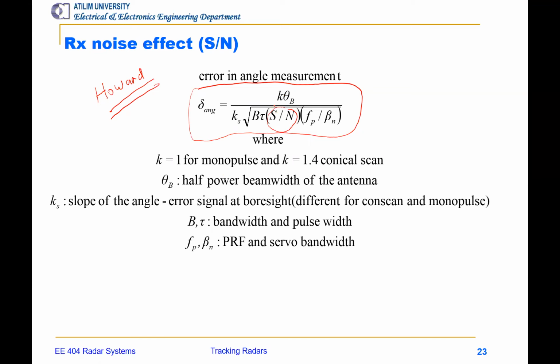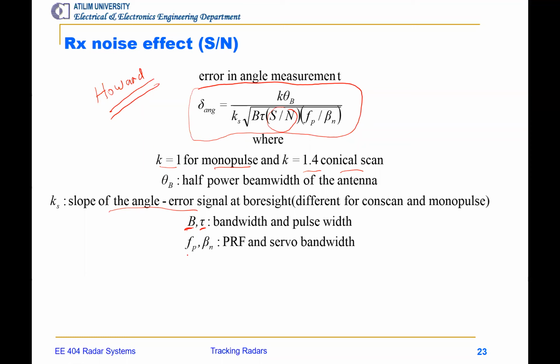For the parameters here, K is a constant. For monopulse, it's taken as 1. For conical scan, it's taken as 1.4. Theta B is the half power beamwidth of the antenna that we have already described in the previous slide. And Ki is the slope of the angle error signal we have already shown in the previous figure, as you might remember. B and tau are known parameters, bandwidth and pulse width.